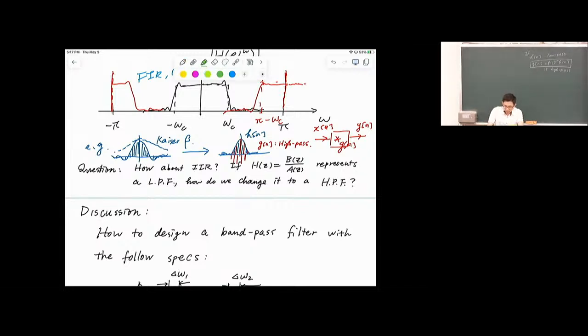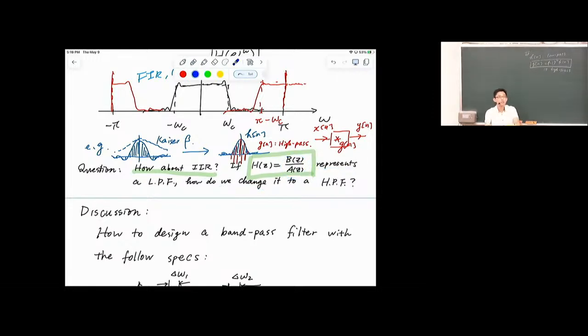That's the first question that I'm listing right here. However, how do you design, if h of z is bz divided by az, then what is g of z? If h of z is bz divided by az, where az is a polynomial, then we have an IIR. So if bz divided by az represents a low-pass filter, how do we change it to a high-pass filter?